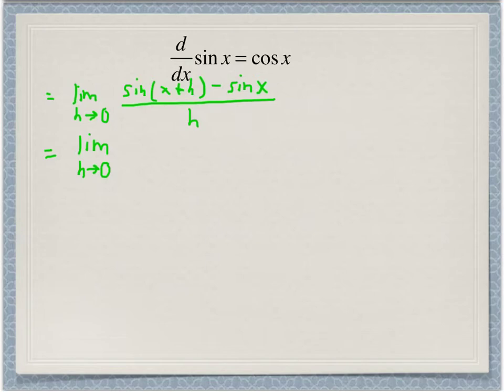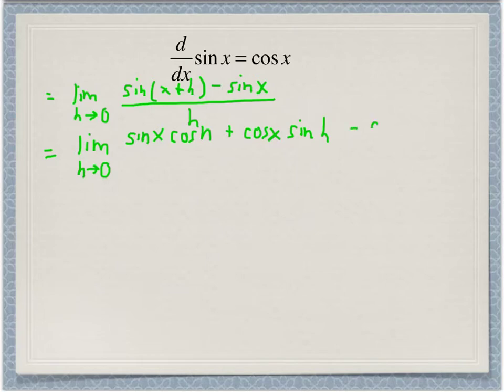Sorry, I can't do the arm motions for you here on video. But here's our sine addition formula. And so you may recall then, as we just chanted, that expanding this out would be the sine of x times the cosine of h plus the cosine of x times the sine of h. That's from chapter 7 in our pre-calc book.